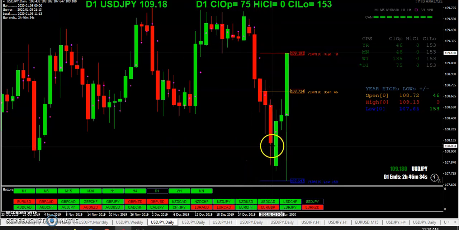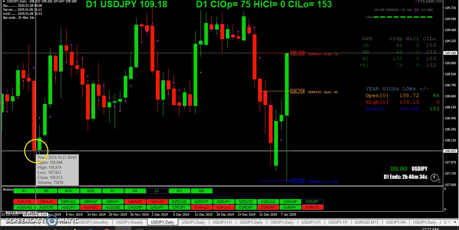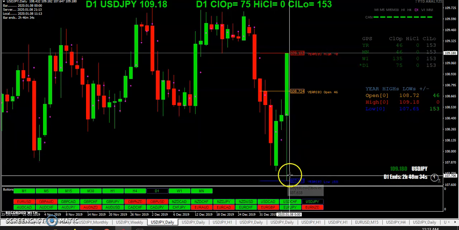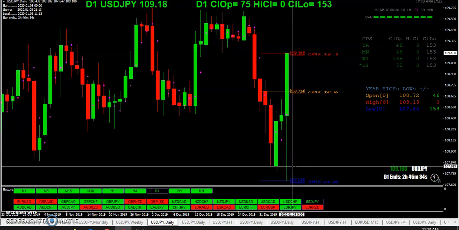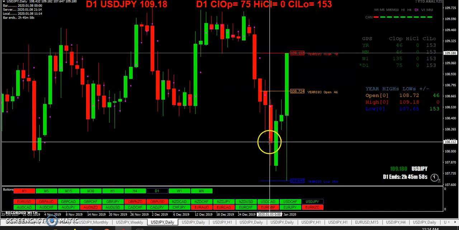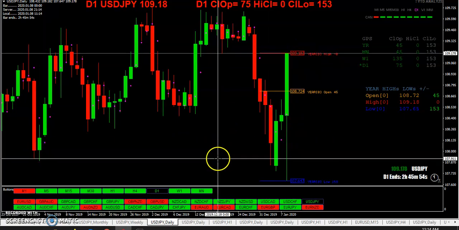Remember I said how price had entered and went through this previous lower wick zone for these two candles over here? Well, look what happened. It did it again today, came back up through that wick zone, through those wick zones, through this wick zone, so those over here, this one over here, and continued up.